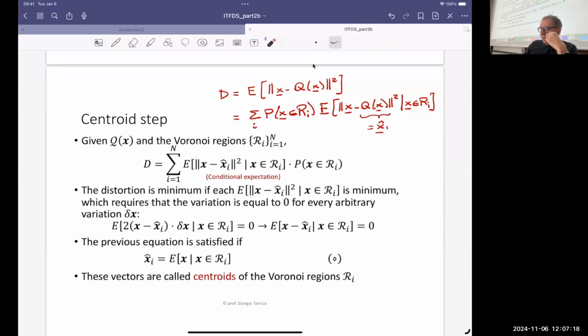And then we arrive at this expression: the sum of the probabilities that x belongs to the ith Voronoi region times the conditional expectation of the square distance between x and x hat sub i, conditioned on the fact that x belongs to the ith Voronoi region. And we have n terms like this, and we add them together to obtain the overall distortion.